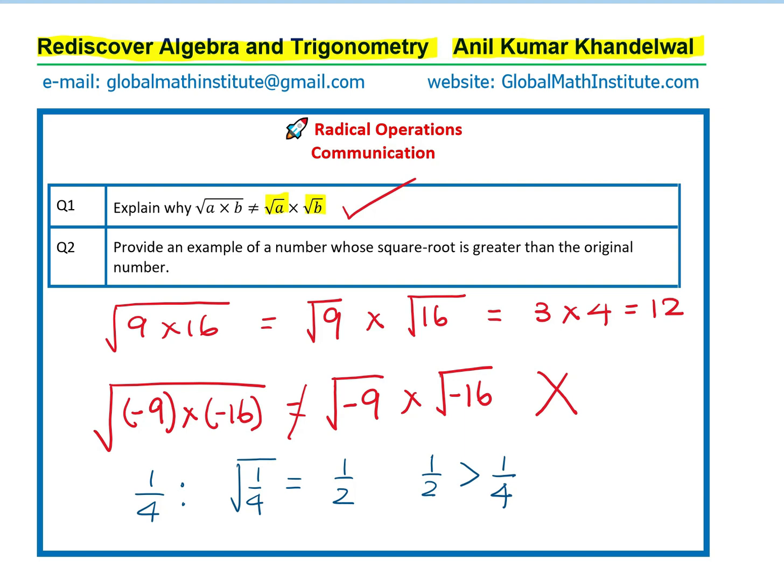You get the whole idea. If you take numbers which are between 0 and 1, you will see that the square root of a number is greater than the number itself. That is what I wanted to draw your attention to. I hope this concept is absolutely clear.